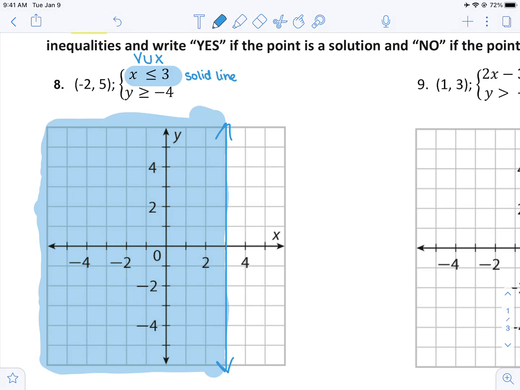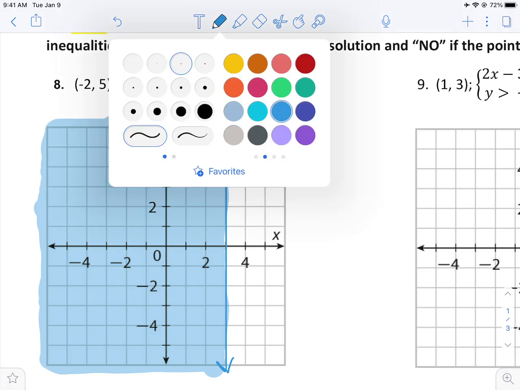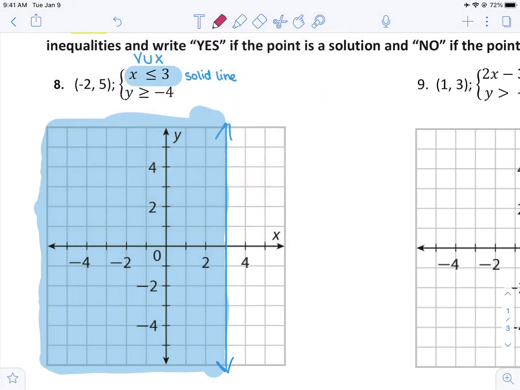Okay. Now I'm going to switch my colors again. And I'm going to graph this line. If I notice this line, it's just a y with no x's. So this is that hoi part, which means my line is going to be a horizontal line. It's going to go through -4, and it's a solid line as well.